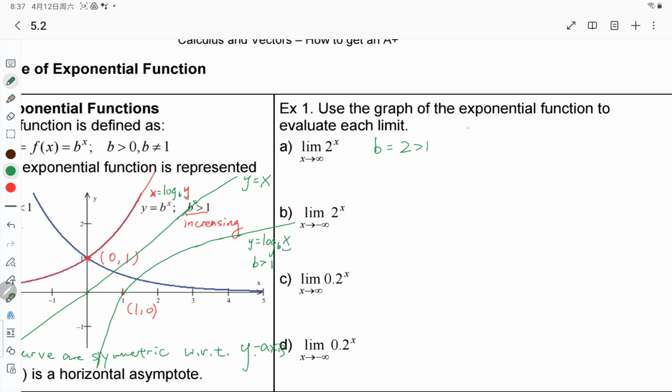So you could have a rough sketch of y equals 2 to the x, right?